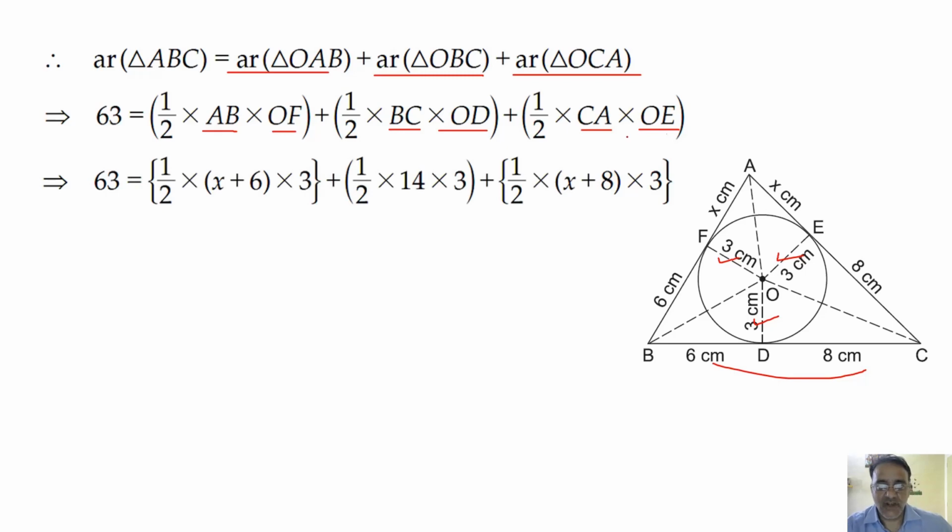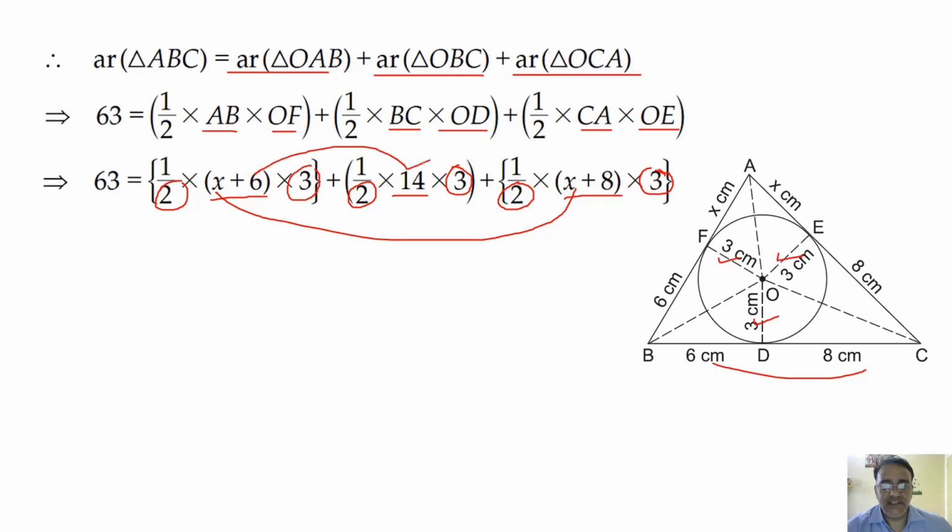Okay. So now see, इसमें से हम लोग क्या कॉमन ले सकते हैं? 3/2. We can take 3/2 common from each term. So what you will get? x plus 6 plus 14 plus x plus 8. कितना आ रहा है देखो? x, 2x, 6 plus 14, 20 plus 8, 28.